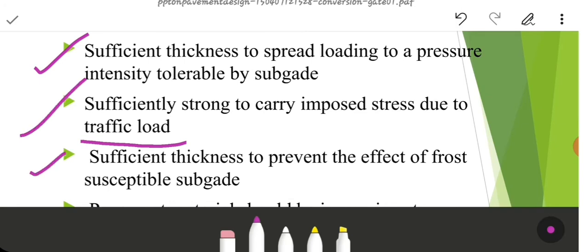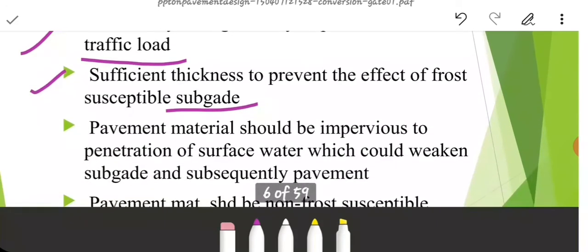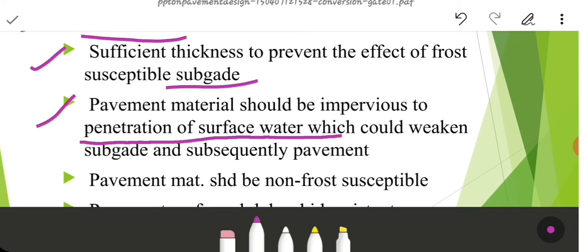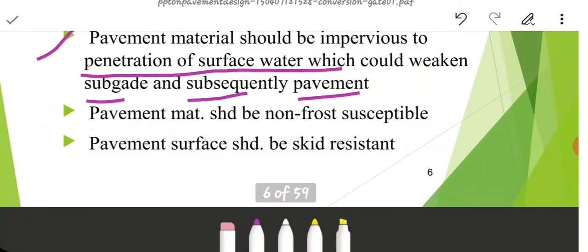Sufficient thickness to prevent effect of frost susceptible subgrade. Right? Pavement material should be impervious to penetration of surface water, which could weaken subgrade and subsequently pavement. Clear? Pavement material should be non-frost susceptible.